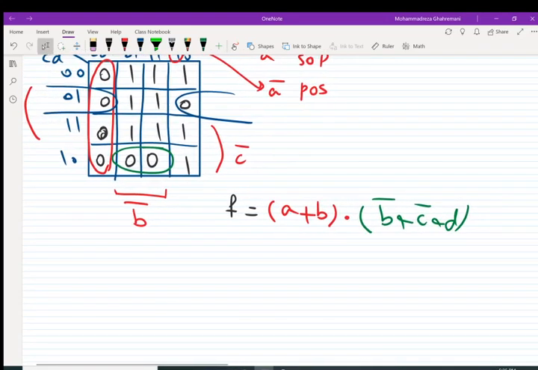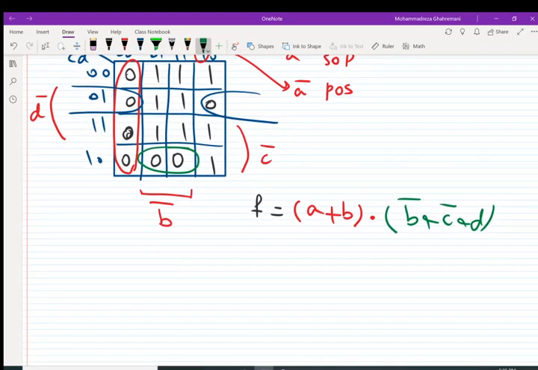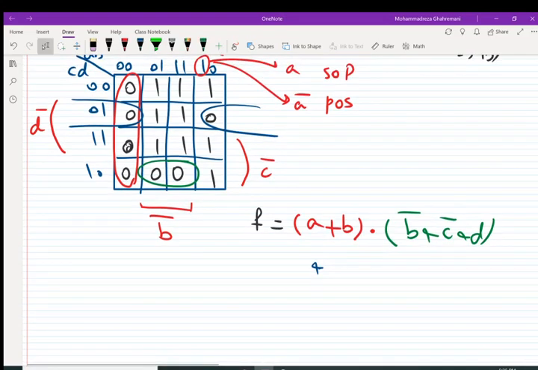And times the blue group, A is changing, B is constant, so it's B, C is constant, so it's plus C, plus D bar. And this one is the product of sum form of the function.